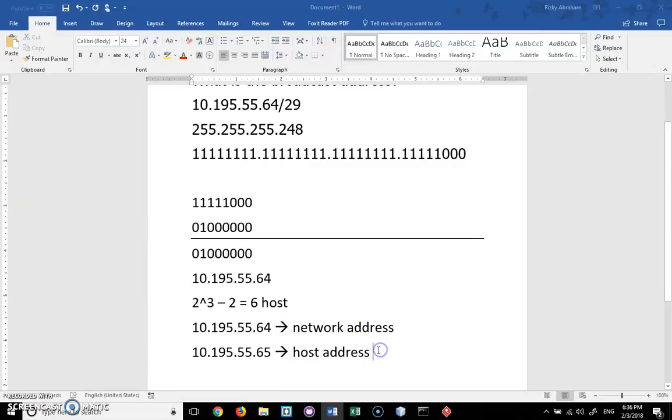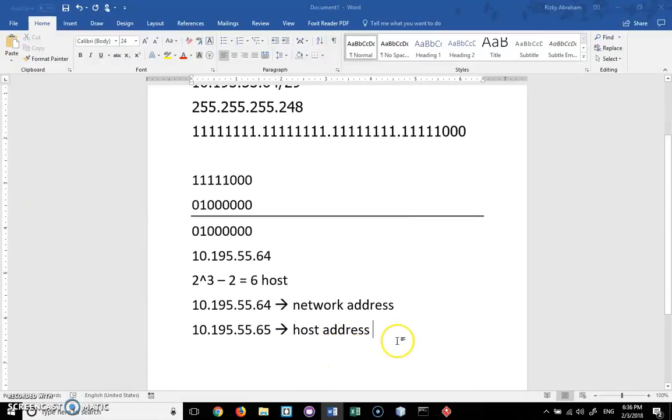So if you count 6 starting from 65, it would be 65, 66, 67, 68, 69, and 70.